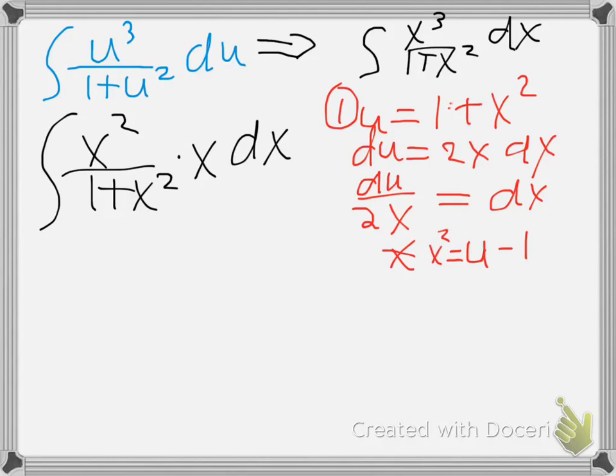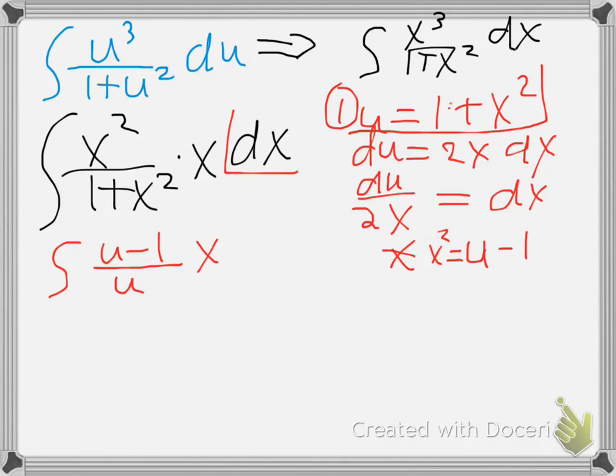So remembering our u substitution, we know what x squared is equal to, so we have the integral of u minus 1 on top, all over, and remember what 1 plus x squared is equal to? It's equal to u. And then we still had our x, and our dx is now du over 2x.